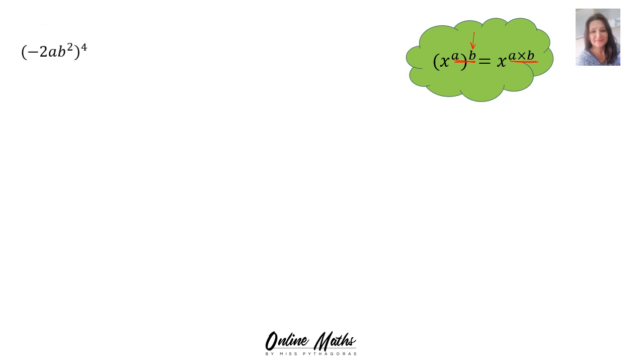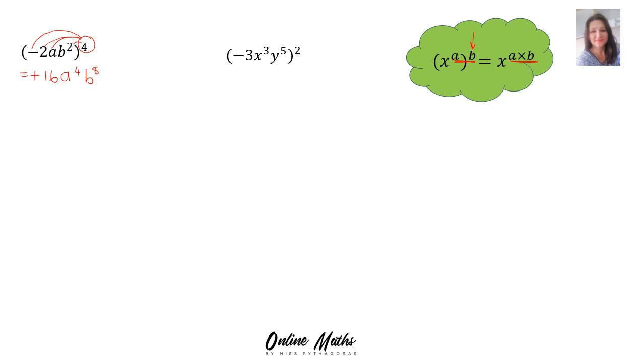So on the first example, this one, there's the 4, it's an even power, so this minus will change into a plus. 2 to the 4 is 16, so you will raise everything to the power of 4. And then it will be a to the 4, and b will be 2 times 4 is 8.